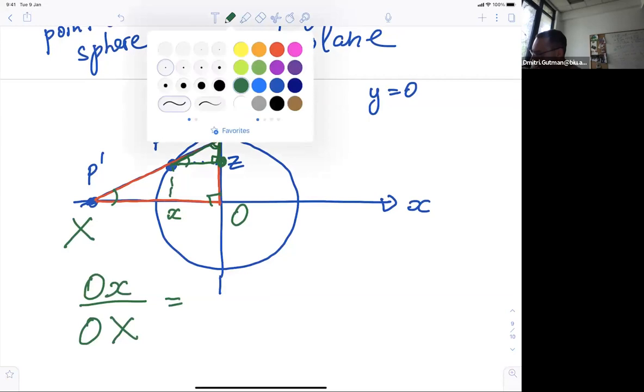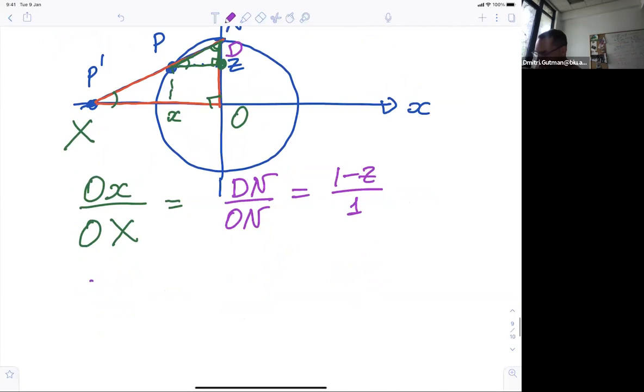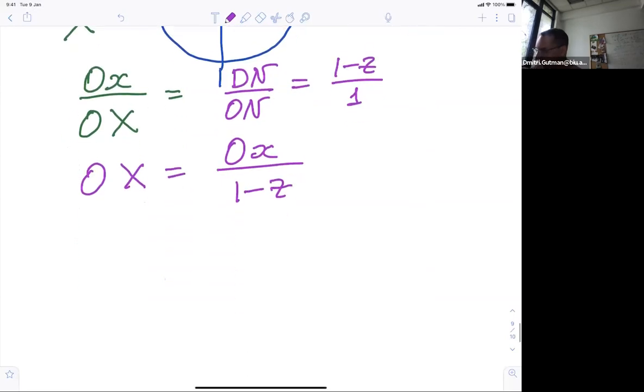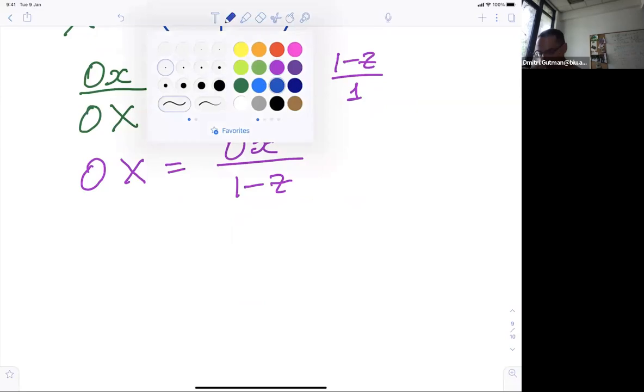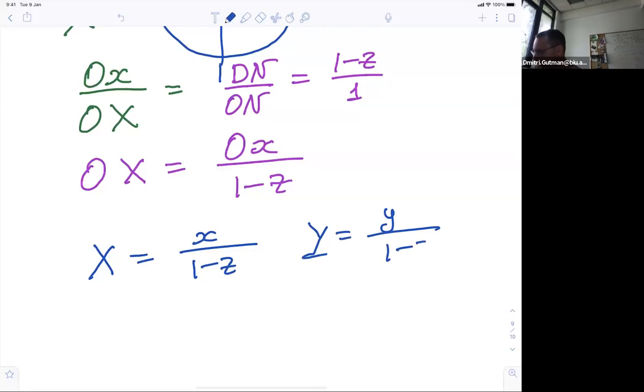Let's call this point D. As D to N is to O to N, and this is 1 minus z divided by 1, which means that OX capital is equal to OX small divided by 1 minus z. So the coordinate X is x small divided by 1 minus z, and coordinate Y will be y divided by 1 minus z.